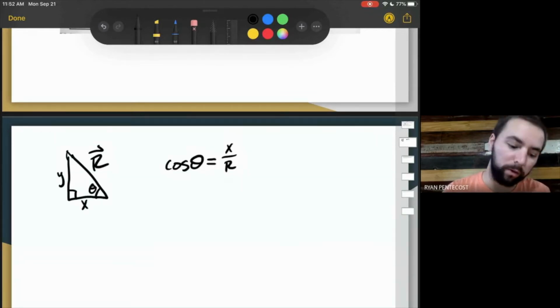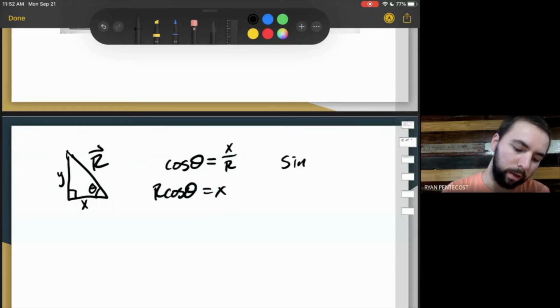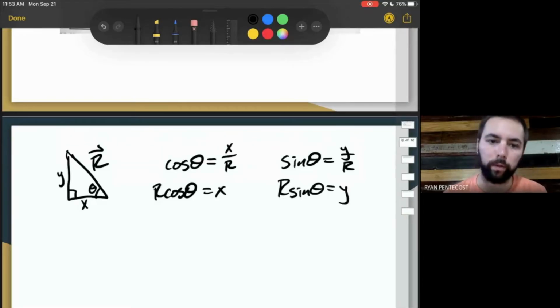If we solve for x, multiply r over, and r cosine theta gives you x. Similarly, sine theta is opposite over hypotenuse. So if you want to solve for y, multiply r over, and you get your y component. So that's the math that we're working with here.